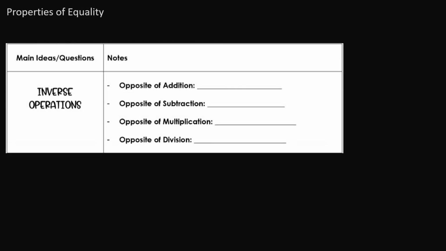All right, so let's talk about properties of equality and inverse operations. So when we think about opposite operations, let's talk about the opposite of addition. Well, to eliminate addition, to cancel it out, we have to subtract. So the opposite of addition is subtraction. And of course, the opposite of subtraction would be addition.